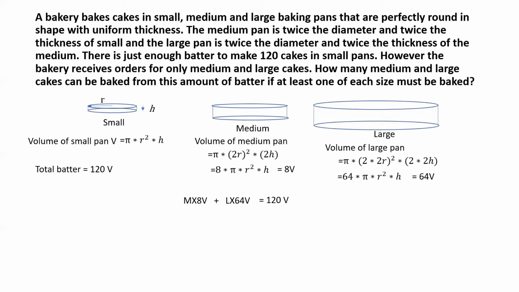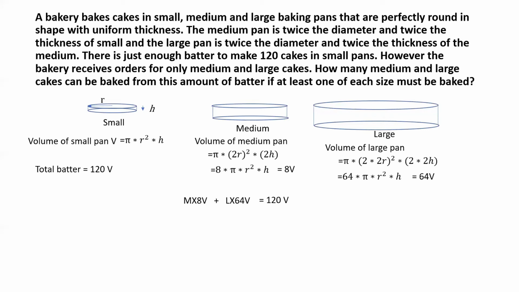So if I'm making M medium cakes and L large cakes, and we need 8V amount of batter per medium cake, then for the medium cakes we need M times 8V, and for large cakes, per cake, we need 64V amount of batter. So if you're making L large cakes, the amount of batter we need is L times 64V.